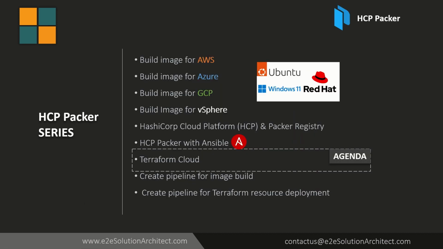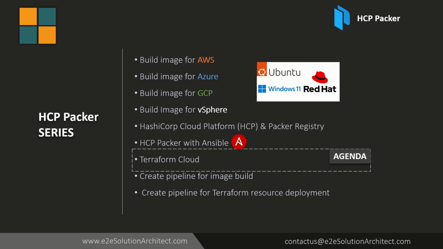If you are following our HCP Packer series, you must have already completed or are already aware of how we have built images for various cloud platforms, how we configured and created the HCP Packer registry, and how we used Ansible with the Packer registry.